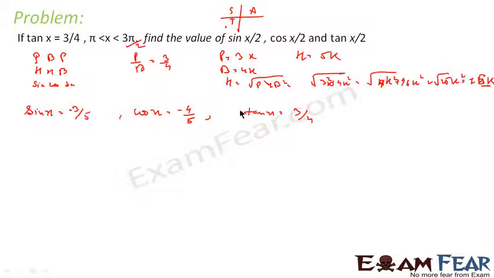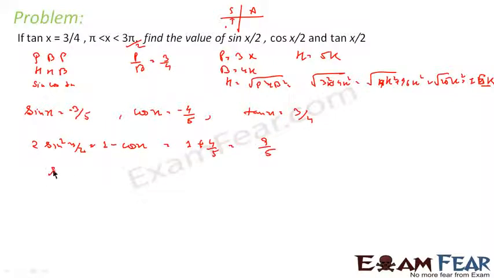Now we have to find sin x by 2. So we know that 2 sin square x by 2 is equal to 1 minus cos x, is equal to 1 minus of minus 4 by 5, so it becomes 1 plus 4 by 5, so it becomes 9 by 5.